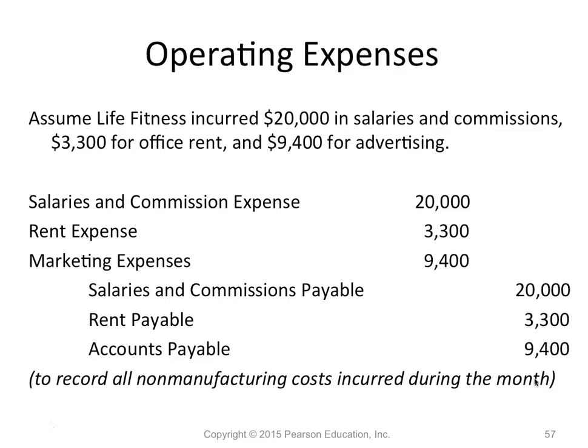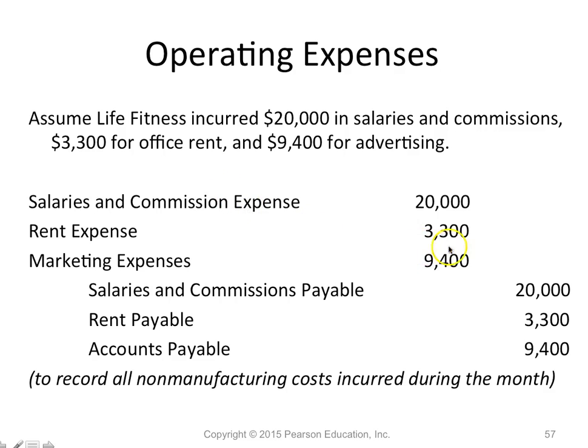So for expenses in the income statement, we need to calculate expenses. So salaries and commission expenses, basically for the sales. The sales force will be paid $20,000 for the period, and $3,300 for office rent. So it's not the plant.